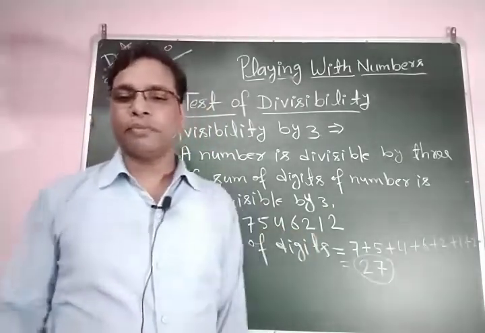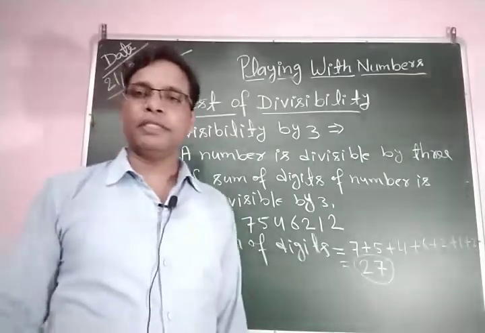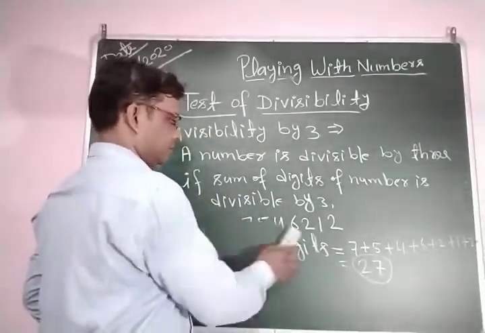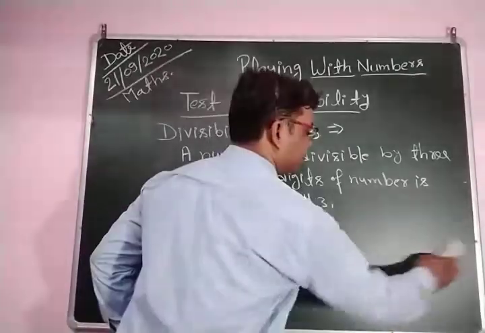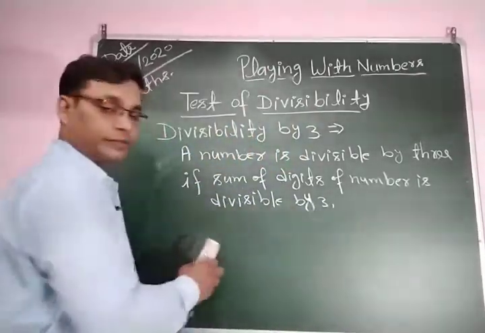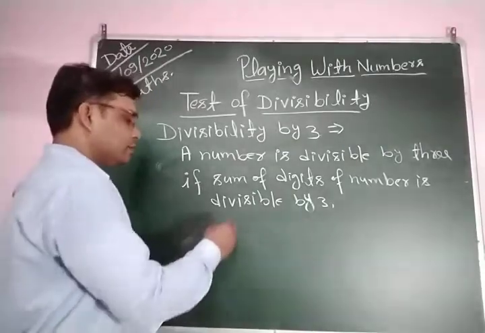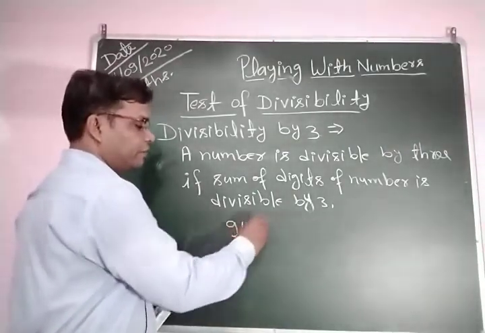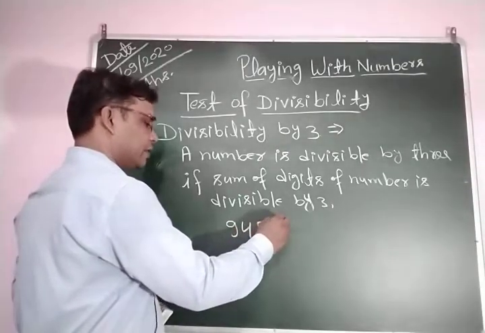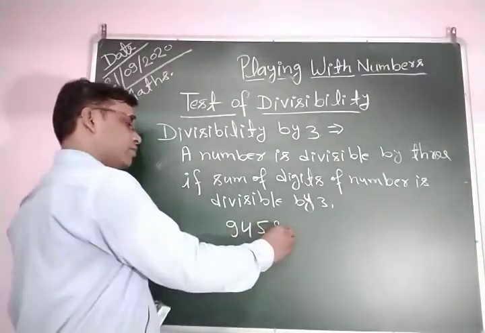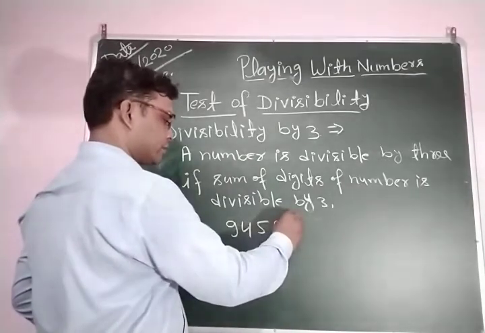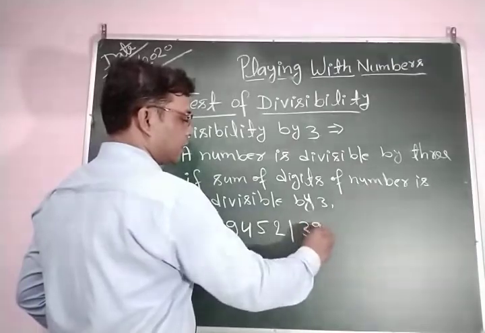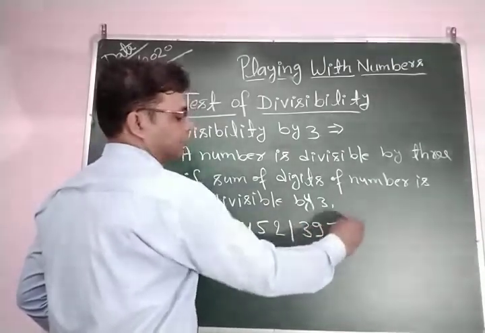Now we take another example: is this number divisible by 3 or not? 9, 4, 5, 2, 1, 3, 9, 7.